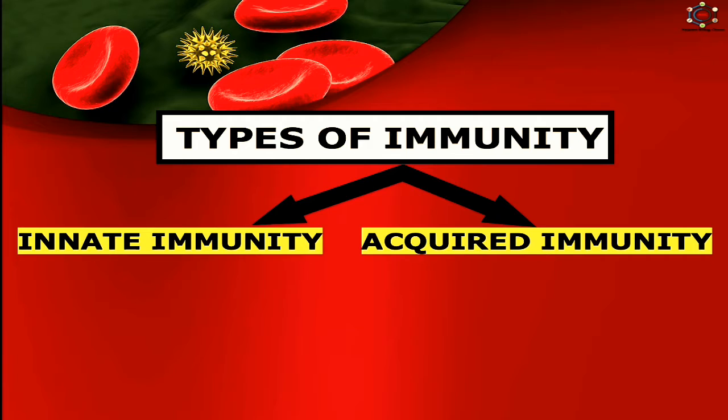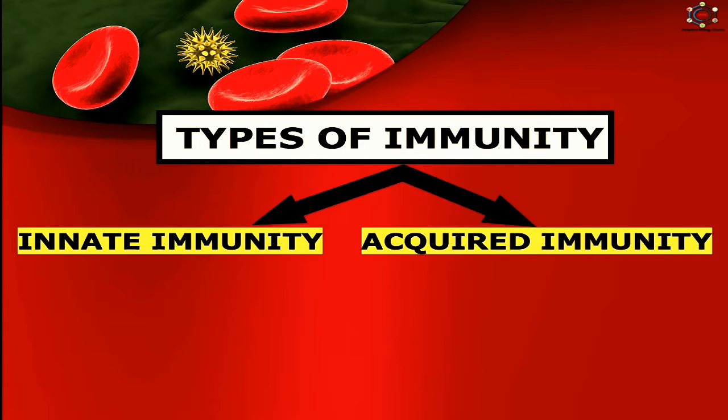So in case of innate immunity or inborn immunity, certain animals do not suffer from some infectious diseases. The reason is that the microbes that cause these diseases fail to flourish in such animals. This type of immunity is inherited by the organism from the parents and protects it from birth throughout life. It is known as innate or inborn immunity.